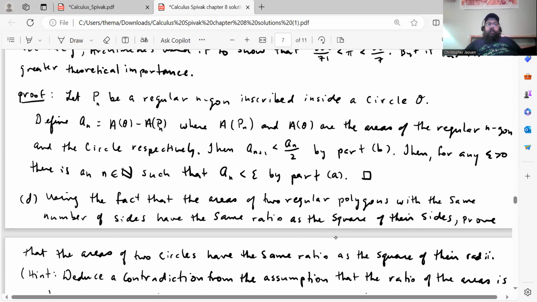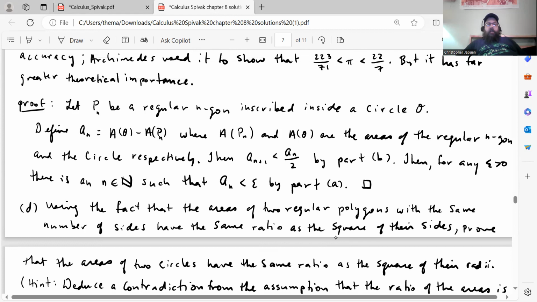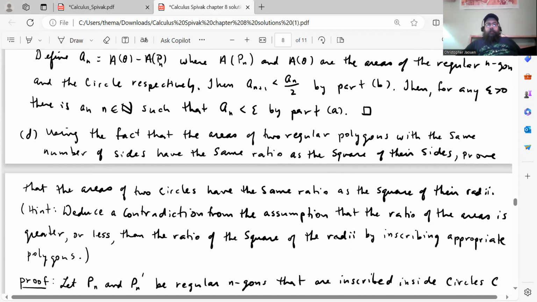Then for any epsilon greater than 0, there's an n in the naturals such that An is less than epsilon by part A. What that means is that we can approximate the area of the circle to any degree of accuracy by taking an inscribed regular n-gon with enough sides. So just make the number of sides big enough, and you can get within any degree of accuracy that you want.